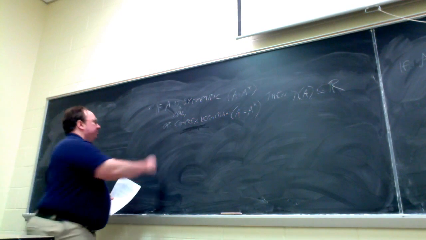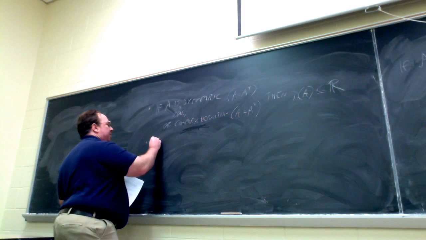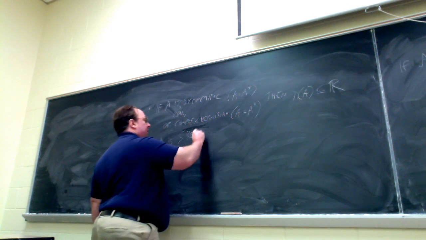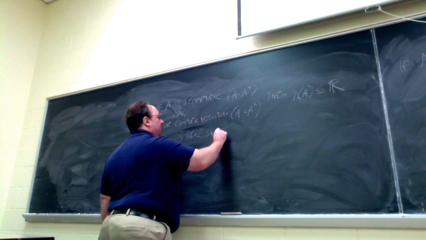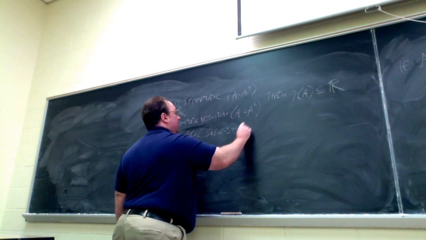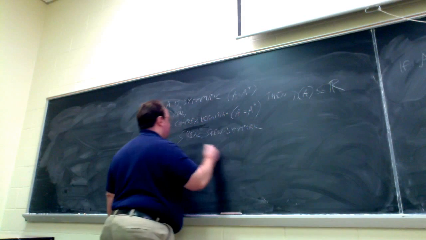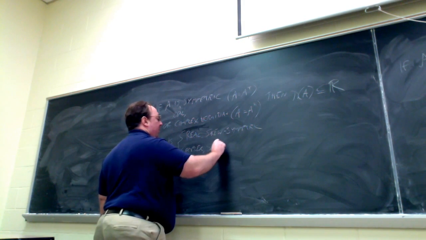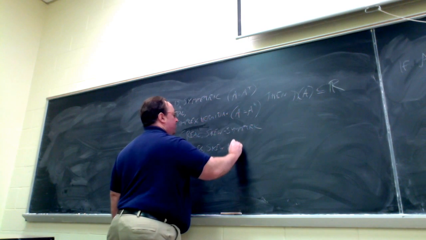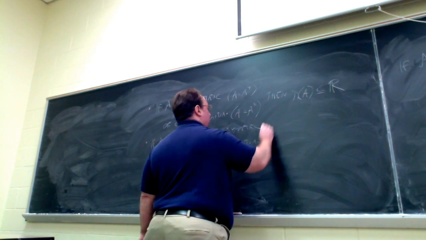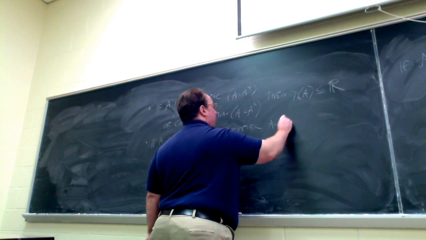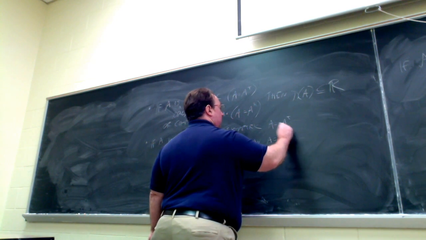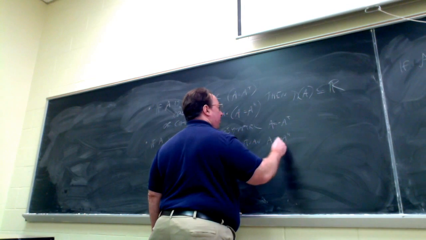Okay. By contrast, if A is real and it's skew symmetric, or if it is complex and then we say skew Hermitian. So in this case, A equals minus A transpose, or Hermitian transpose.